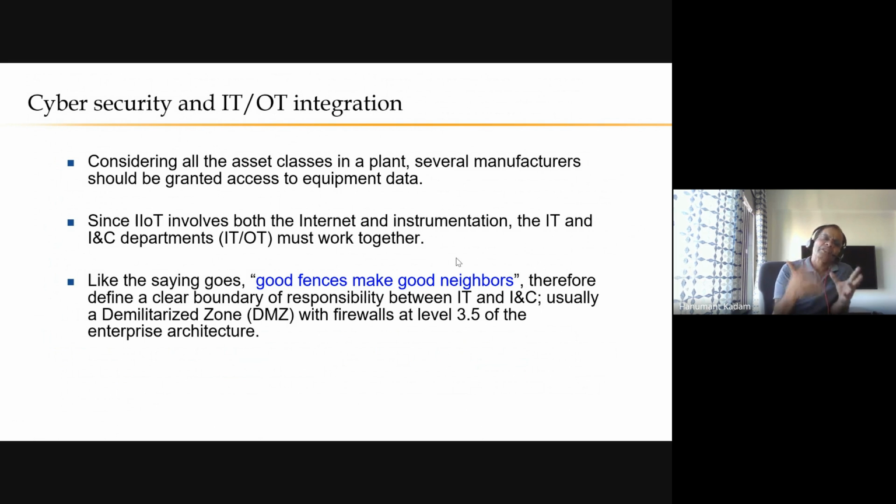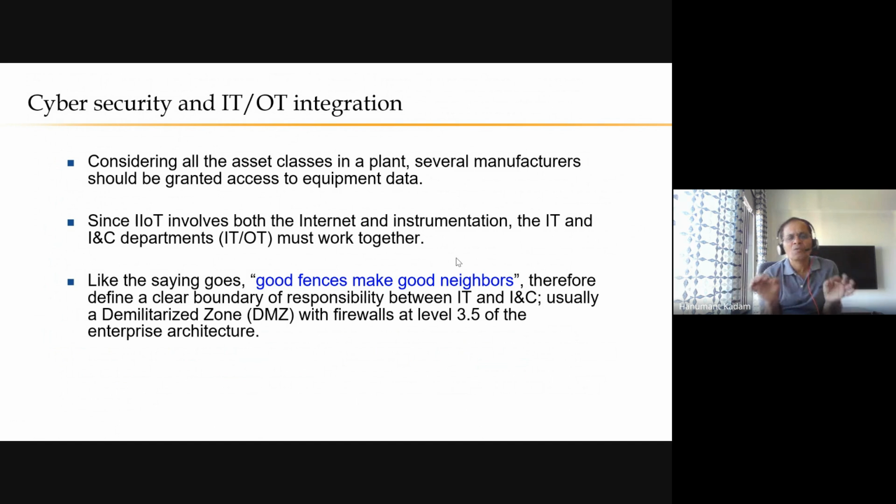Now it has to be like the saying goes, "Good fences make good neighbors," meaning always keep a distance with the neighbors. Therefore, define a clear boundary of responsibility between IT and instrumentation. Usually a demilitarized zone with a firewall at level 3.5 of the enterprise architecture.